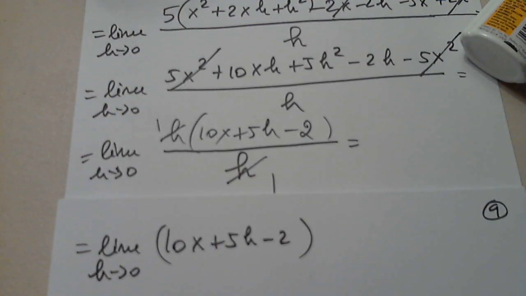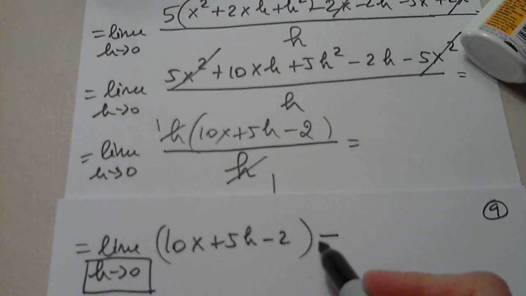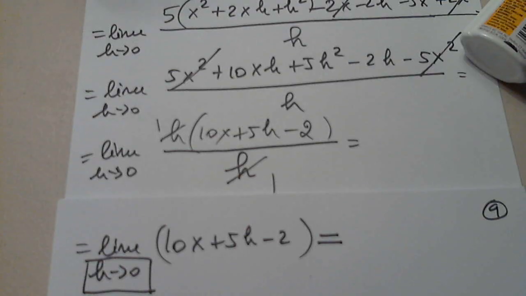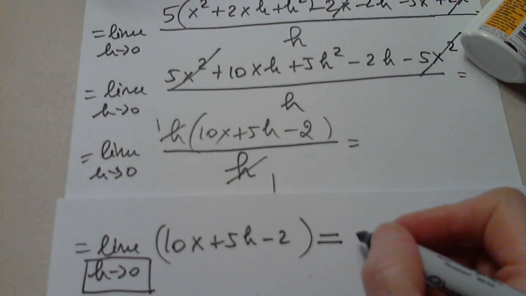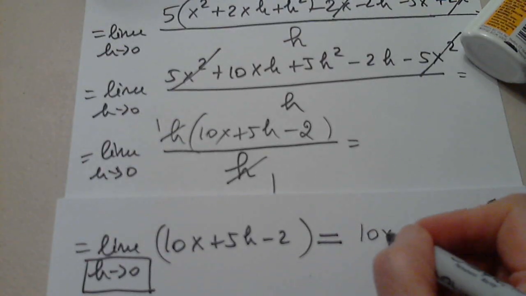Okay. Now, h approaches 0. Can anyone give us the answer? You cannot touch anything else. You cannot change anything else. Just h approaches 0. What is the final answer? 10x minus 2.